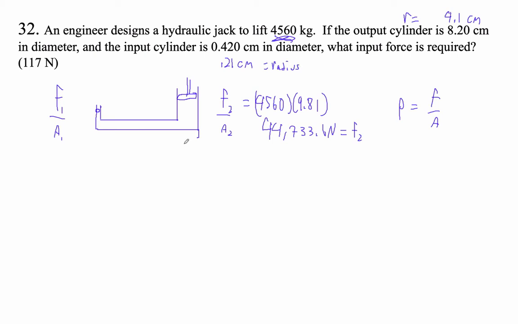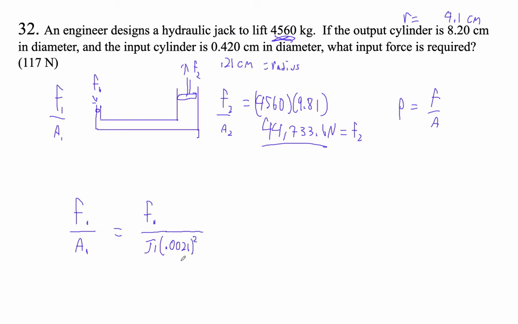So we're going to go force 1 divided by area 1, and force 1 is what we're trying to find, the input force. Here's force 1, and this is force 2, which is equal to force 1, and then the area is pi times, this is our input cylinder, so 0.0021 squared.